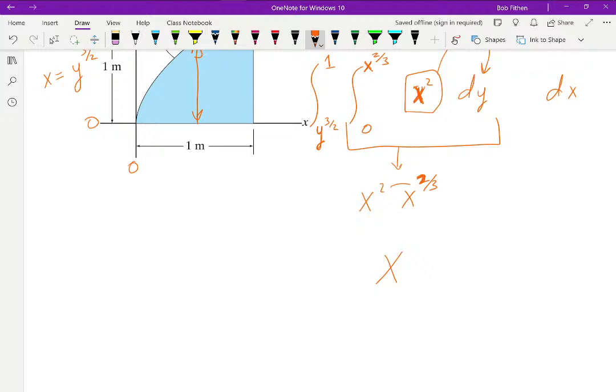Think about this, 2 is the same thing as 6/3 plus 2/3, so it'd be 8/3. And that's going to be integrated from y equal to 3/2 to 1 in dx.